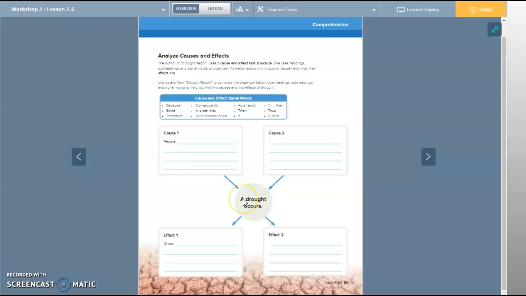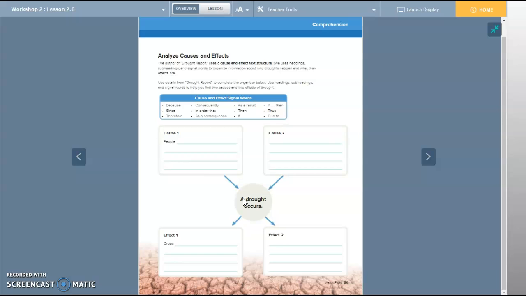Now page 89, analyze causes and effects. The author of Drought Report uses a cause and effect text structure. She uses headings, subheadings, and signal words to organize information about why droughts happen and what their effects are. Use details from Drought Report to complete the organizer below.